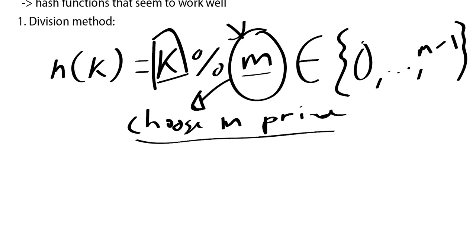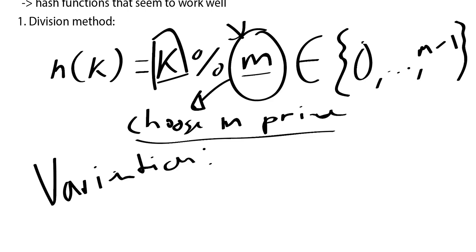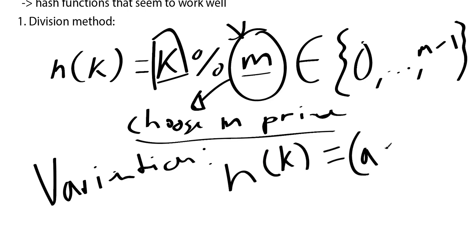Now, there's one variation of the division method that I will mention, and this one is used in universal hashing. h of k equals a times k plus b, and all of that we mod with m.